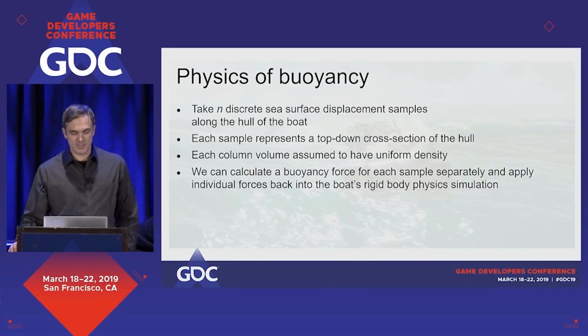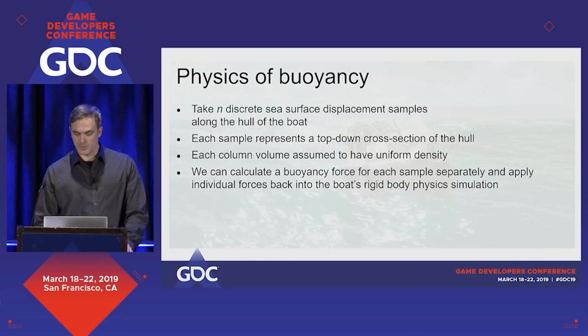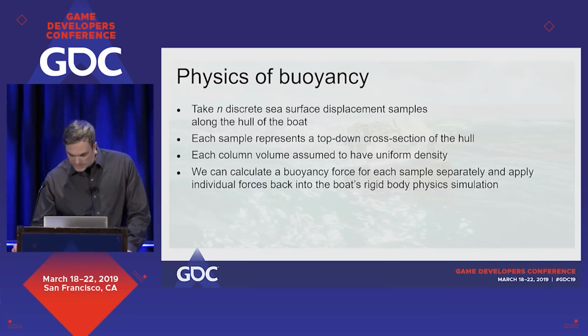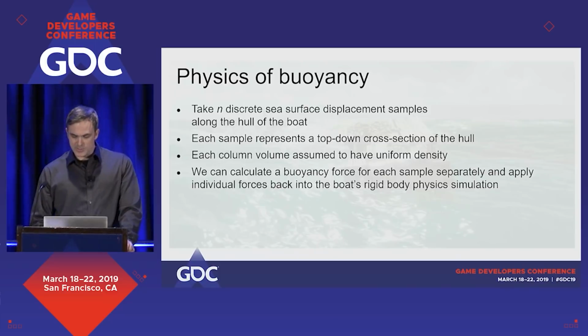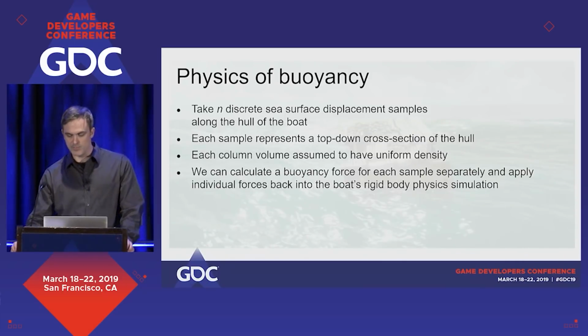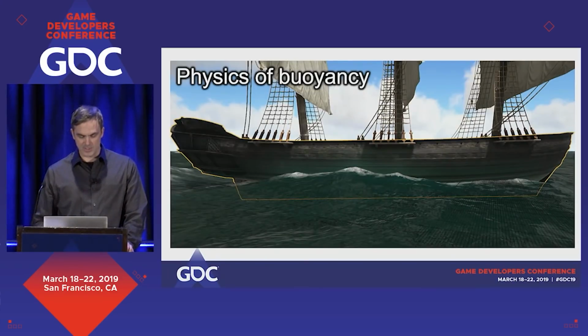You might take a bunch of discrete displacement samples along the whole of the boat, and then you can use each sample, assume it represents a cross section of displaced volume, and apply it back to the previous formula to generate force. The corresponding buoyancy for each sample can then be applied back to the rigid body simulation. Your game engine's rigid body physics simulation can handle all that.